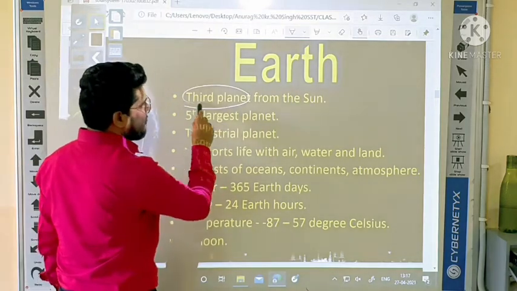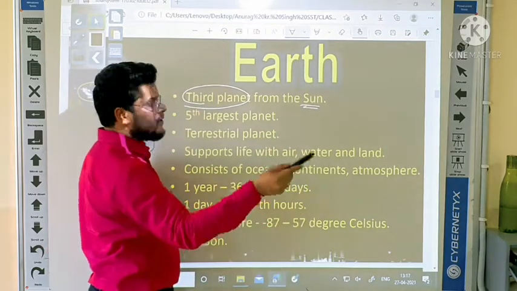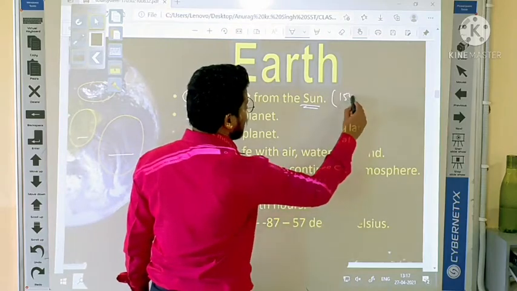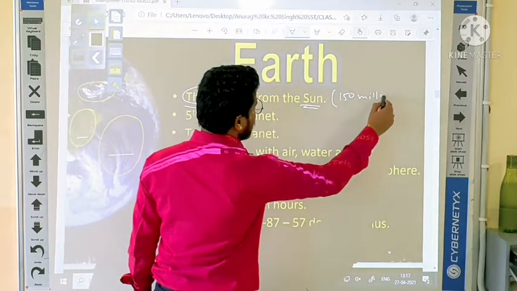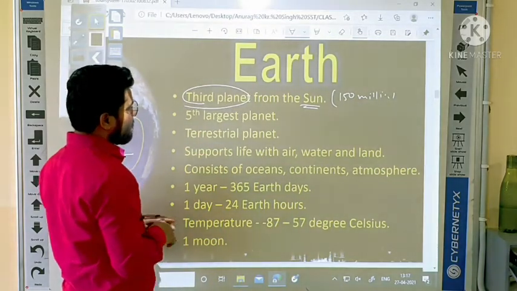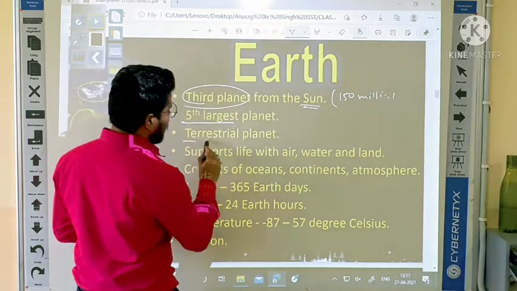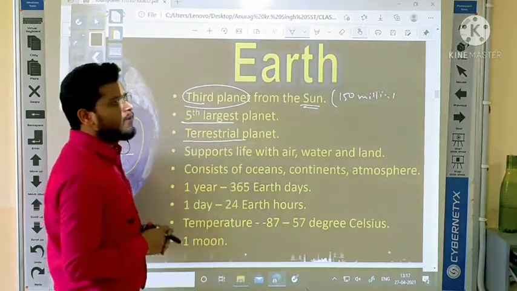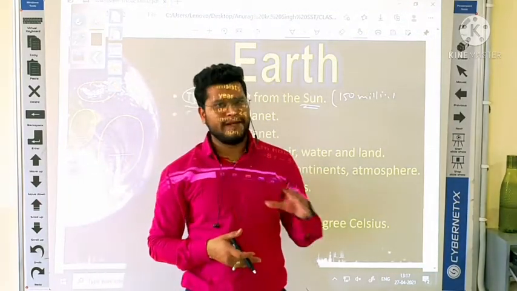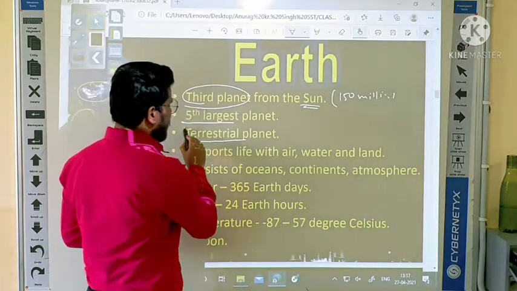It is the third planet from the sun due to which it supports life due to its actual position, and you know that it is nearly 150 million kilometers apart from the sun. It is the fifth largest planet in the mass. It is terrestrial planet. Terrestrial planet means the planet whose surface are made up of rocks and metals. Okay, that planet is known as terrestrial planet.